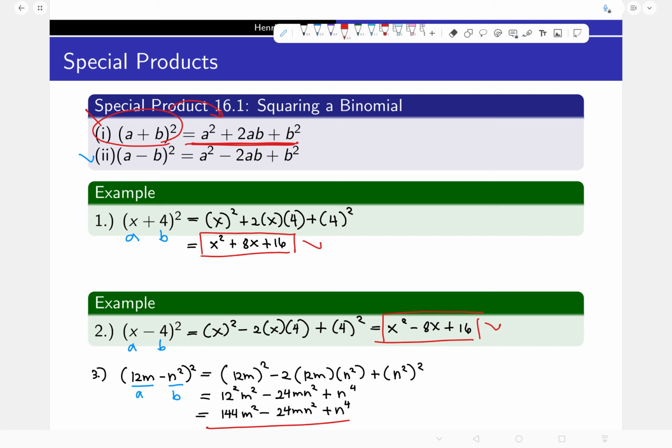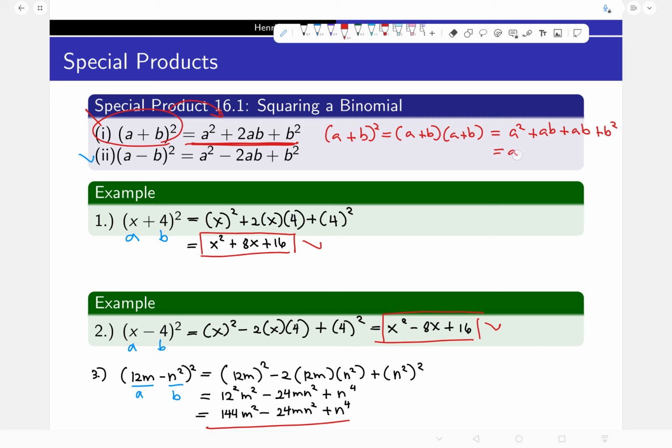So we have a plus b squared. Remember, the quantity a plus b squared is just the same as a plus b times a plus b. Okay, and then multiply it using the FOIL method or distributive property. So that becomes a squared plus ab plus ba, or ab, they're just the same, plus b squared.